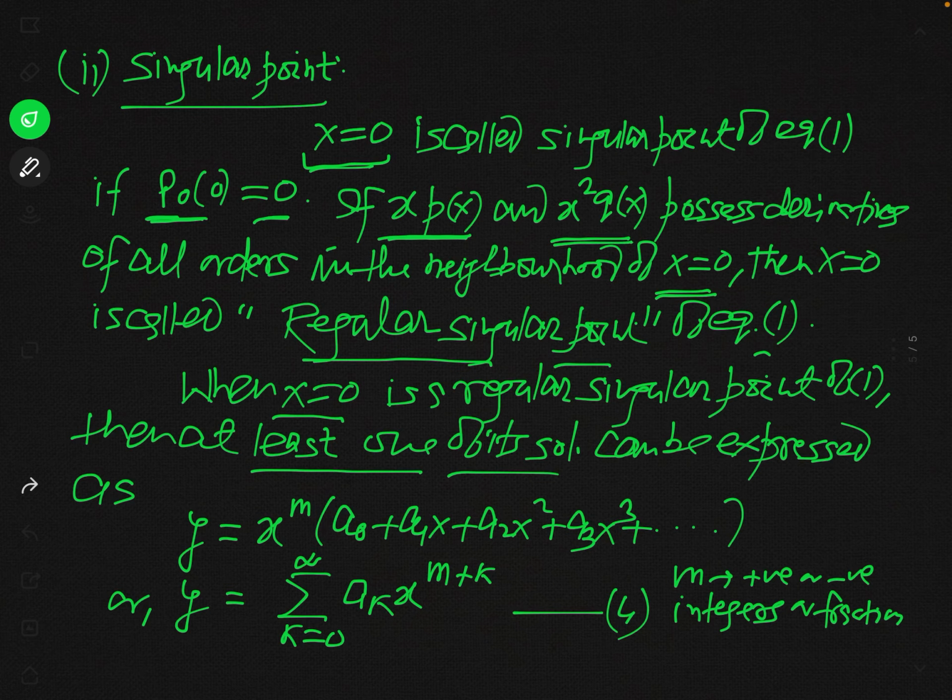In fact, when the functions x into p(x) and x square into q(x) will not possess the derivatives of all orders in the neighborhood of x equal to 0, then we will say that x equal to 0 is an irregular singular point of this equation 1. In fact, in this condition, the equation will not have a series solution in the form which I have defined here in equation 4.